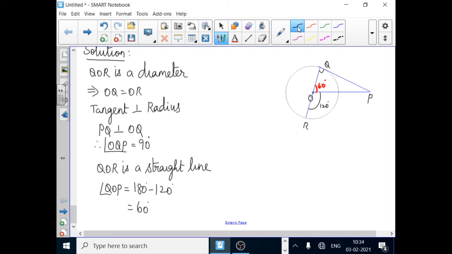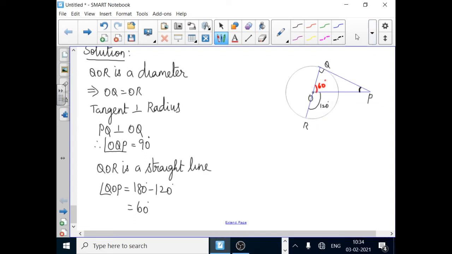Now from the diagram, according to the question, we have to find the angle OPQ. This angle we have to find.